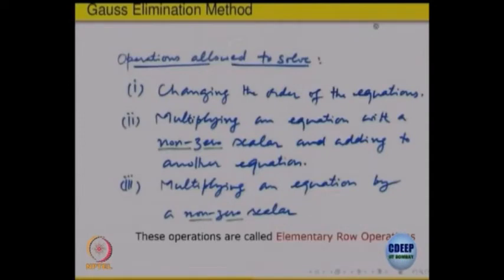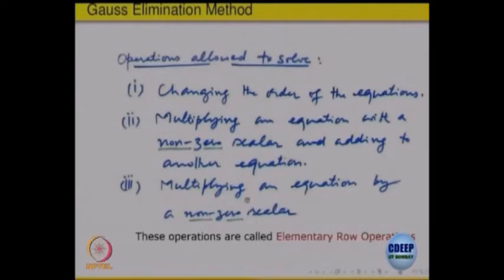And we saw that the solution of the system does not change if we change the order of the equations, that is, just renumbering the equations so that the first becomes the second. Multiplying an equation by a non-zero scalar and adding it to another gives a new equation in place of the old one, but the system still has the same solutions.